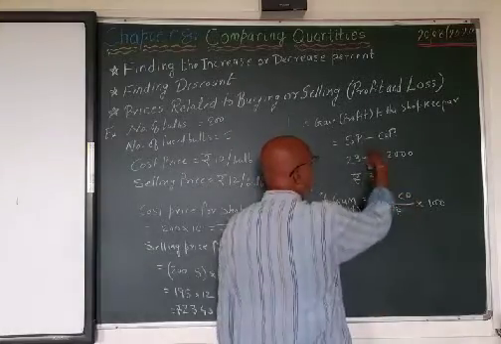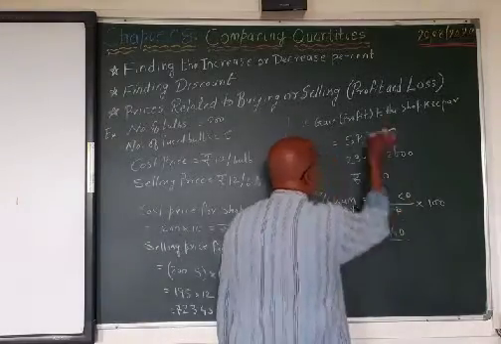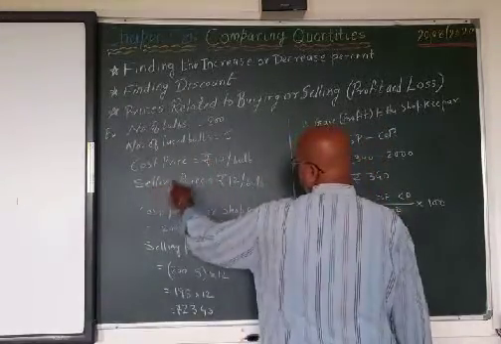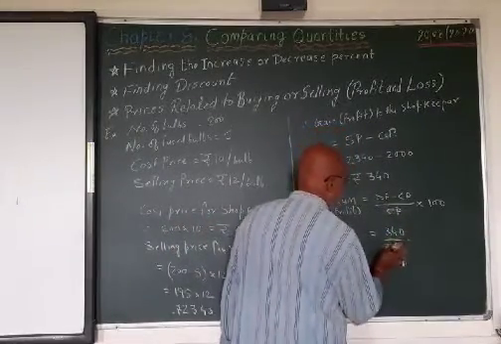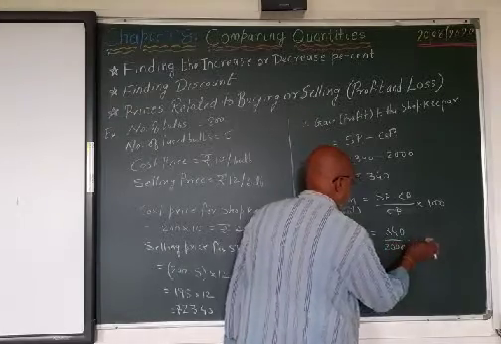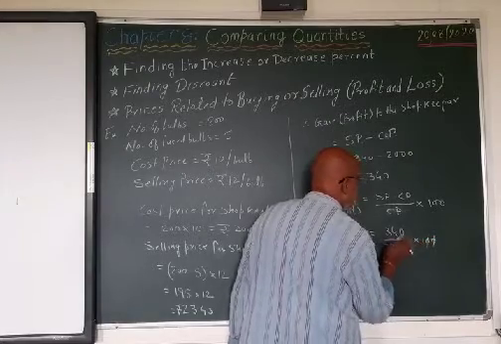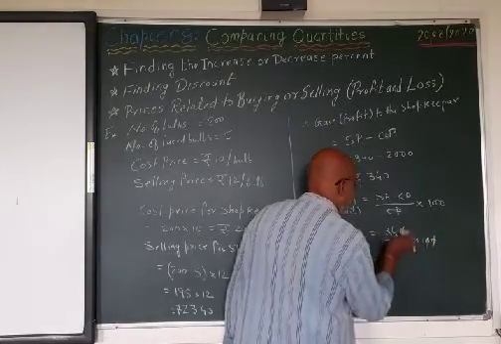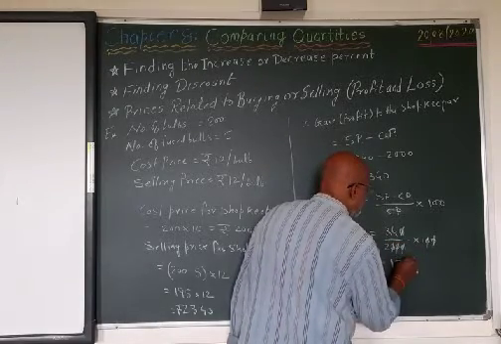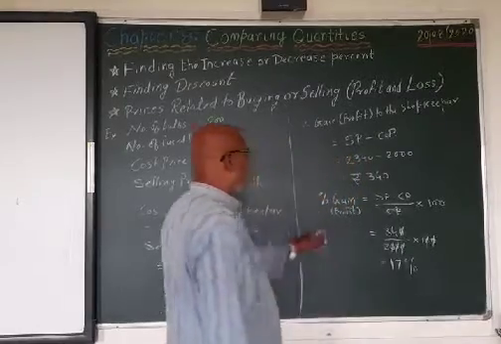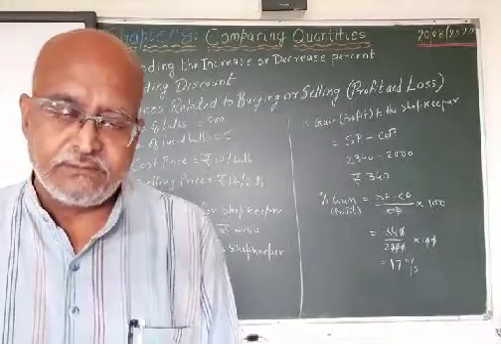So SP minus CP we have already taken out: 340 upon cost price, that is 2000, multiplied by 100. So 34 upon 2 is 17. So he gained 17% on this transaction. Got it clear?